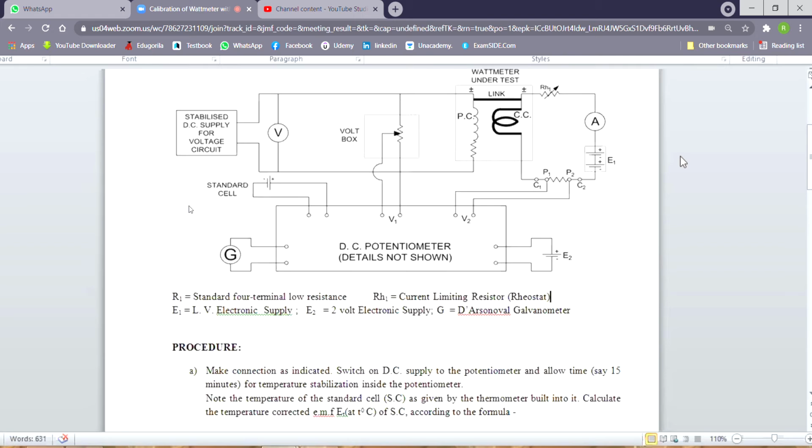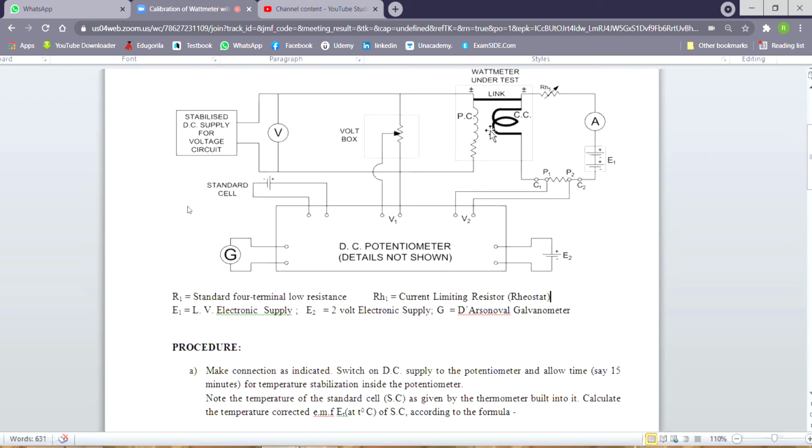Now the question is why we are doing the experiment with link or without link. When we perform the experiment in the direct loading configuration, there is a common terminal from where the pressure coil and the current coil both come out.